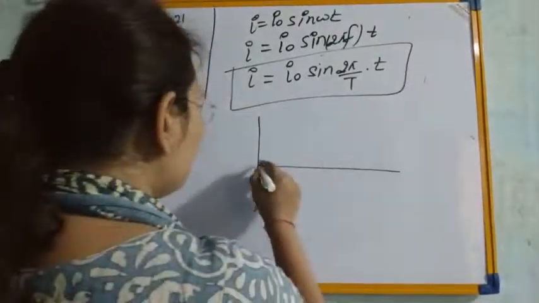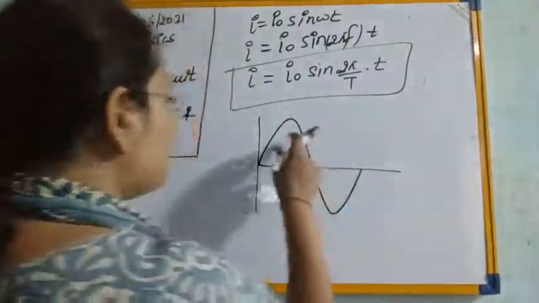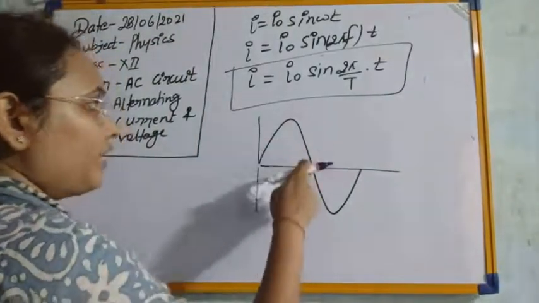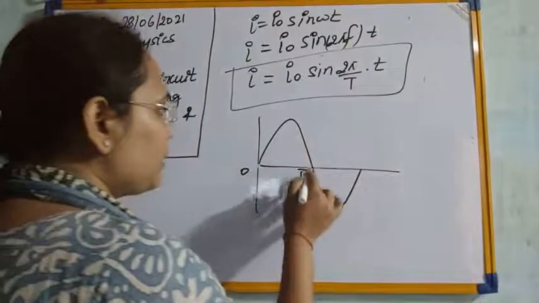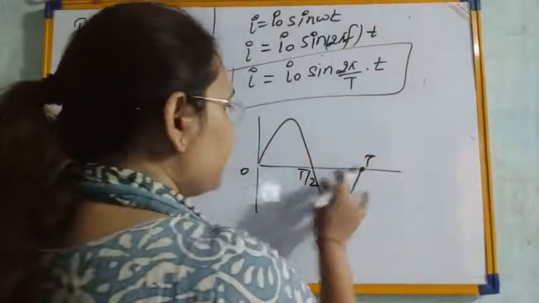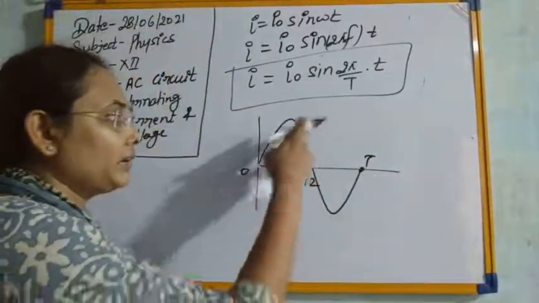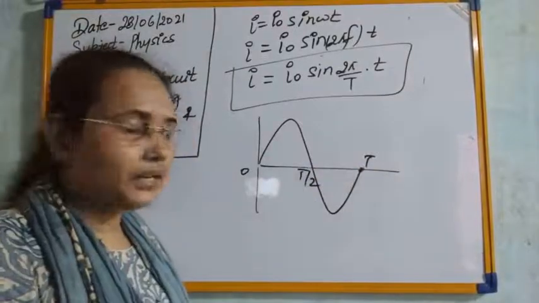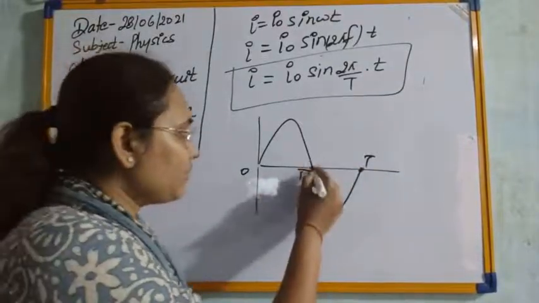If you see the graph, one complete rotation takes time T, that is the time period, so at half place it will be T by 2.